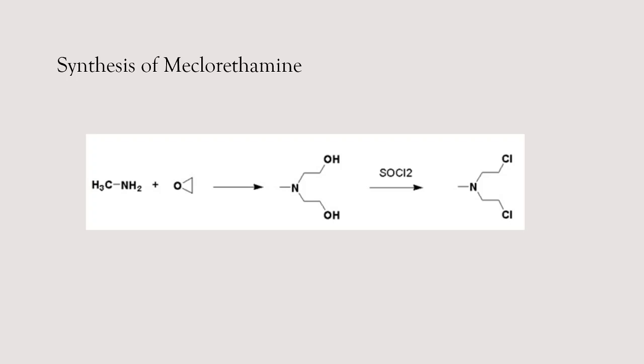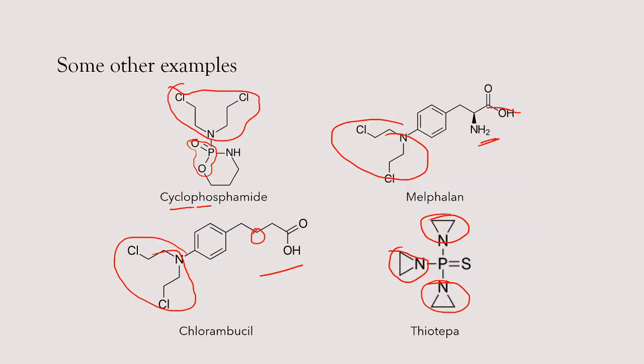This is further reacted with SOCl2. You know that SOCl2 is one of the major common chlorinating agents, and thus we get our final substance, which is mechlorethamine. Next up, there are some other examples as well. You can see that I have already annotated these things.